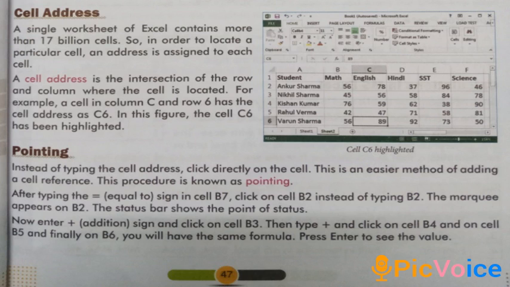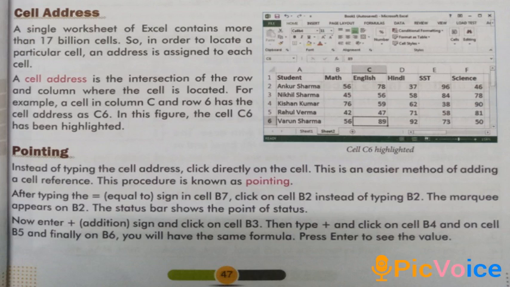Then pointing. Instead of typing the cell address, when we click directly on the cell, it is the easier method of adding a cell reference, and this procedure is known as pointing. When we type the equal to sign in cell B7, then click on B2 instead of typing B2, a marquee appears on B2.